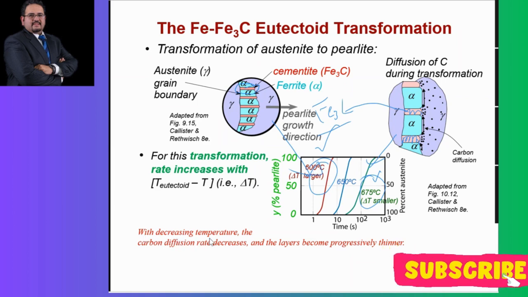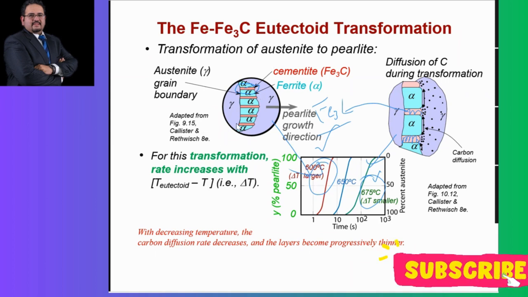This is what I have written. With decreasing temperature, the carbon diffusion rate decreases. So if you start going here, for example, when you start to decrease temperature, delta T becomes larger. As a result, the process is faster, the diffusion rate decreases and the layer becomes progressively thinner. This is what you have seen here.